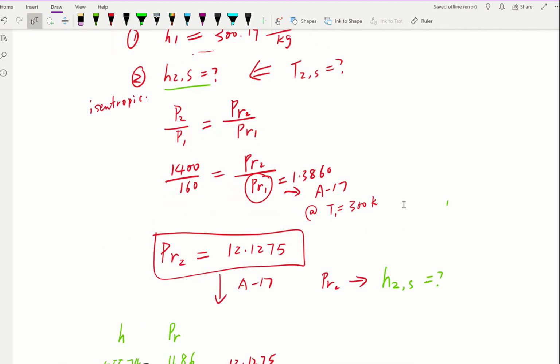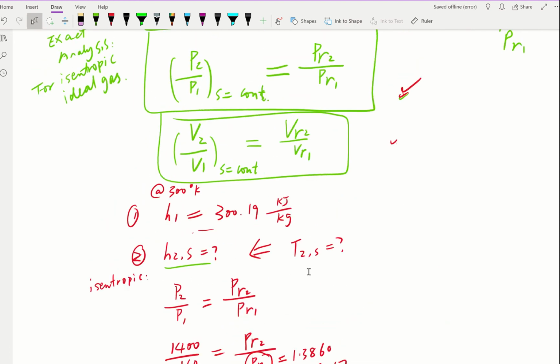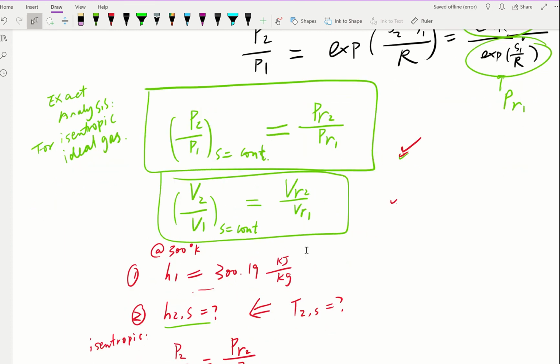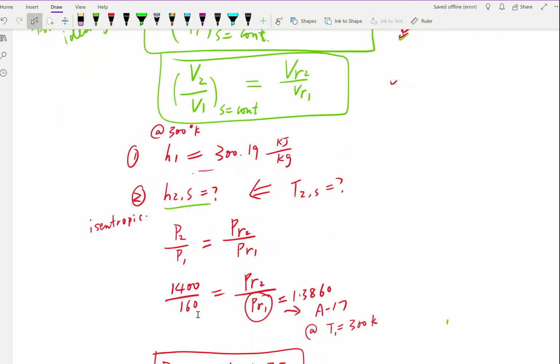So what have we done so far? Let's just wrap it up with this new concept here. So we said if it's exact analysis for an isentropic process, we have these two formulas. If it is an isentropic process, we can use this pressure ratio. And since we know this pressure ratio is 1400 over 160, and we know the temperature, 300 Kelvin, we find our PR1 in the ideal gas table.